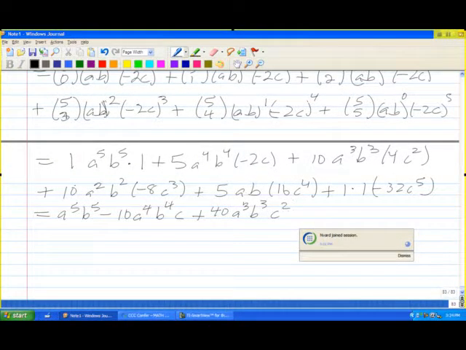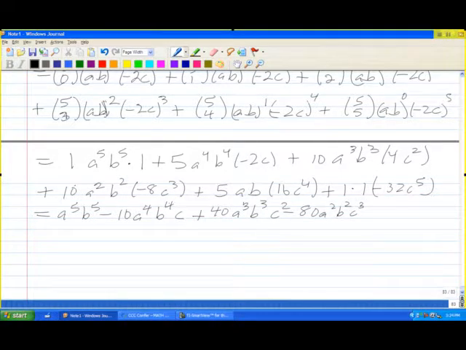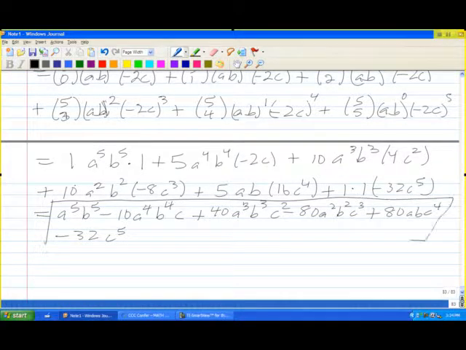Plus 10 times negative 8, negative 80, A squared, B squared, C cubed. Plus 5 times 16, 80, AB C to the fourth. Minus 32 C to the fifth. So 0, 1, 2, 3, 4, 5. Good. 5, 4, 3, 2, 1, 0. Good. And that is your answer.